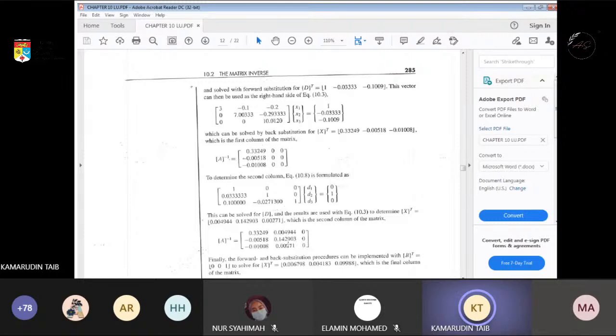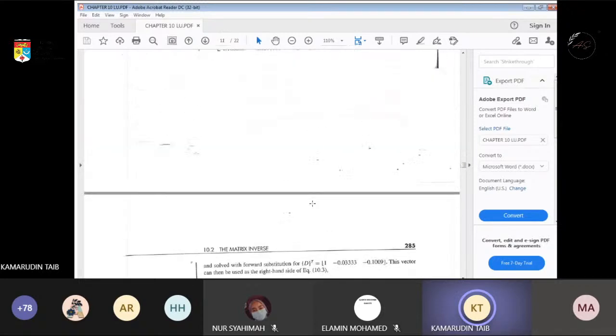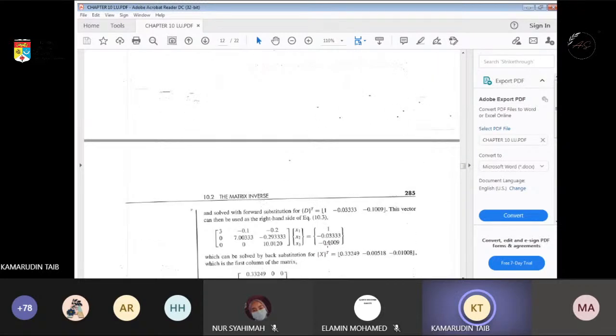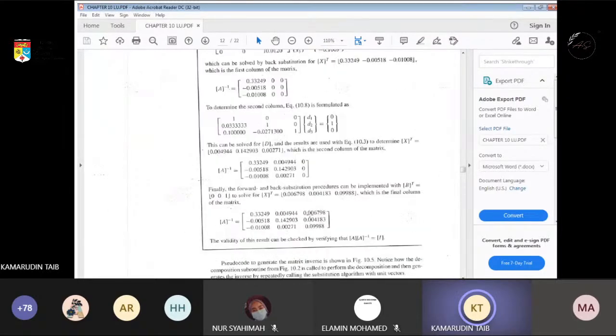So the third column of the inverse matrix is obtained by setting this to 0, 0, 1, and solving for D. After getting the D, make it the right hand side of the upper triangular multiplied by x, where the x now will be the answer for the third column. So that gives you the inverse matrix.